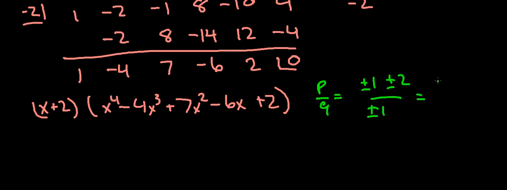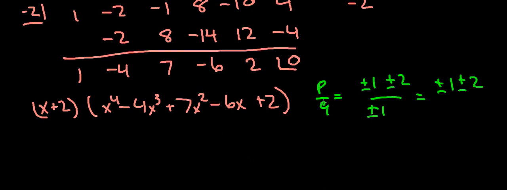So this means our potential zeros are plus and minus 1 and plus and minus 2. That's it. By doing the p over q again for this new polynomial, because this polynomial is the same as our original equation, just divided by x plus 2, I can redo everything. I could do the rule of signs again if I felt like it, but it's pointless.